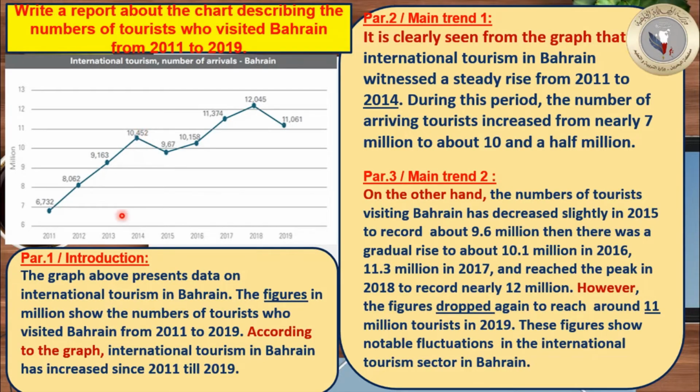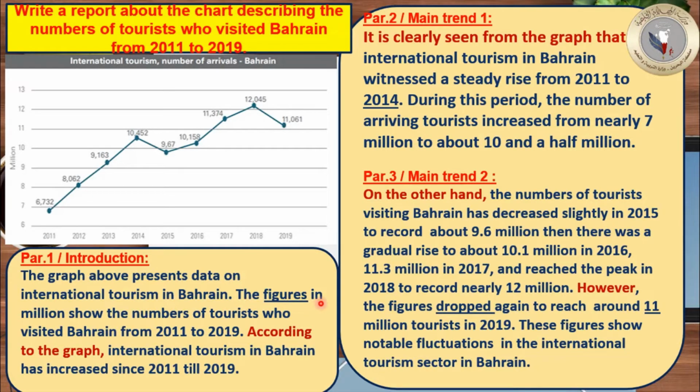Look here. What you do is very simple. You can paraphrase or change the style of this information and present it in another, different way. I mean, like this. The graph above presents data on international tourism in Bahrain.